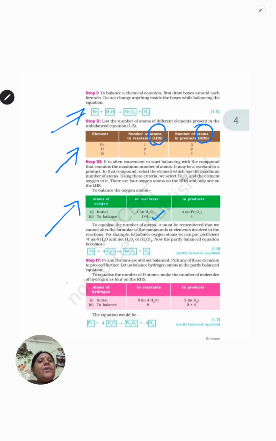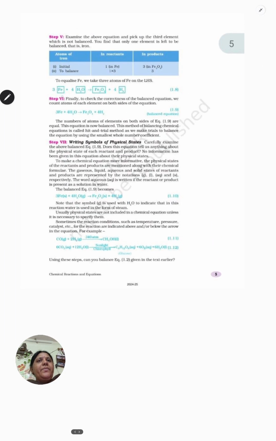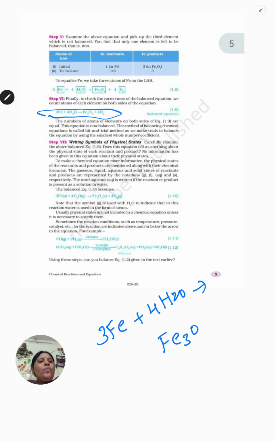After oxygen, the next step we came to hydrogen, and then finally we come to balancing the iron, right? So finally this is our balanced chemical equation. That is 3Fe plus 4H2O gives rise to Fe3O4 plus 4H2.